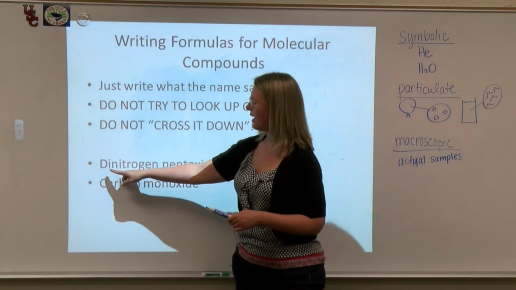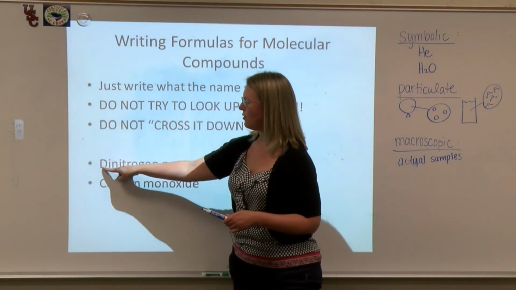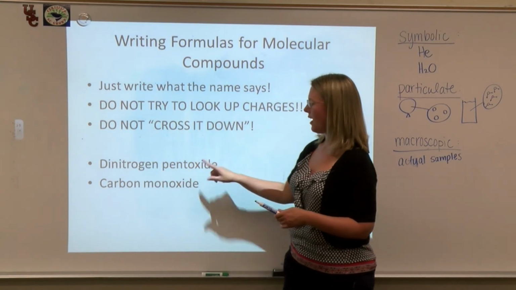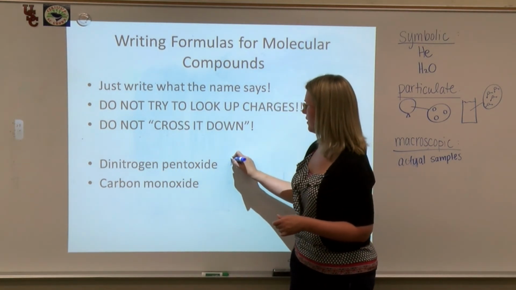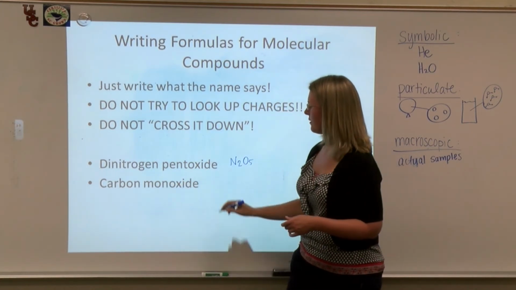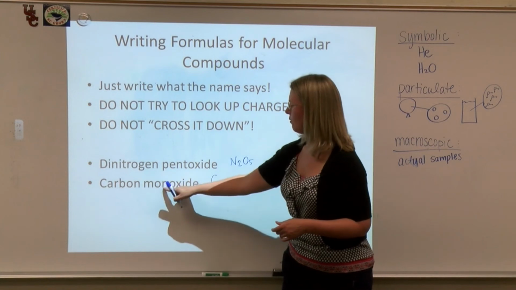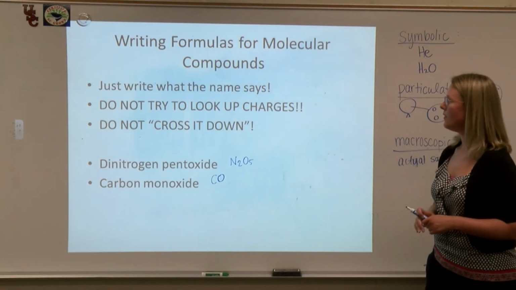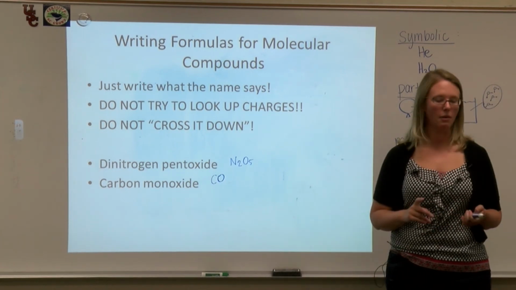You just look at the name: dinitrogen, that means 2 nitrogens. Pentoxide, that means 5 oxygens. So this will be N2O5. Carbon monoxide, 1 carbon, 1 oxygen. And that's it. Writing formulas for these is a lot easier.